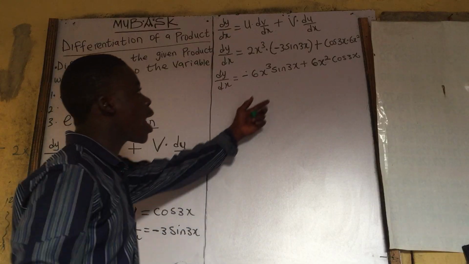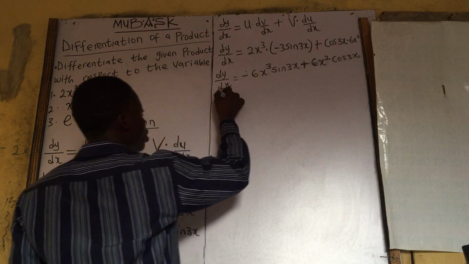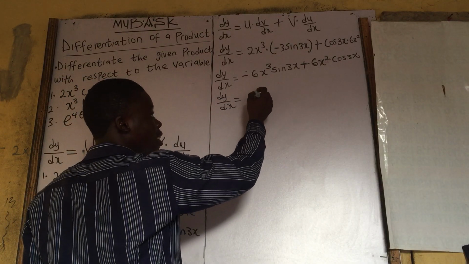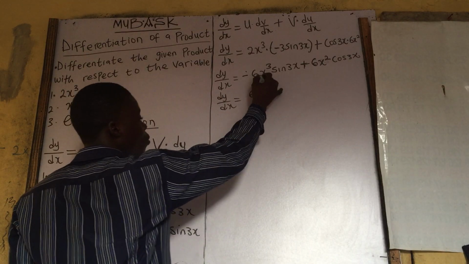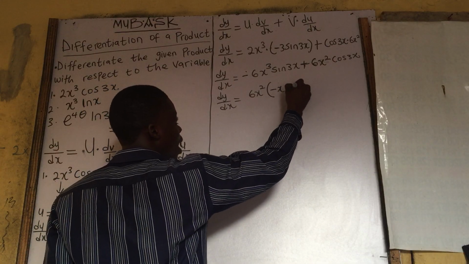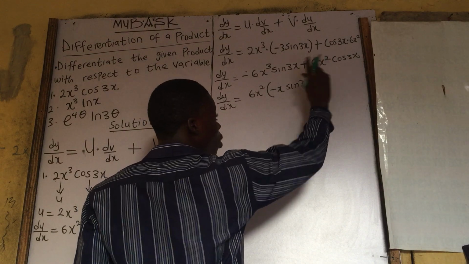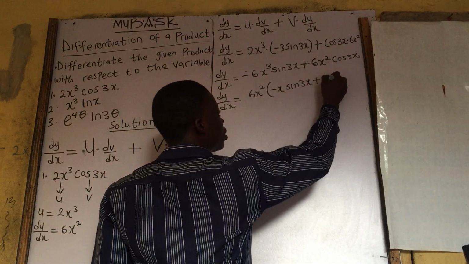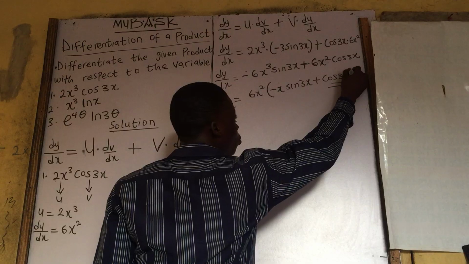Now I can factorize 6x squared out. If you remove 6x squared from the first term, you remain with minus x sin 3x, plus, if you remove 6x squared from the second term, you remain with 1 times cos 3x, which gives cos 3x. Now this is the answer for question 1.